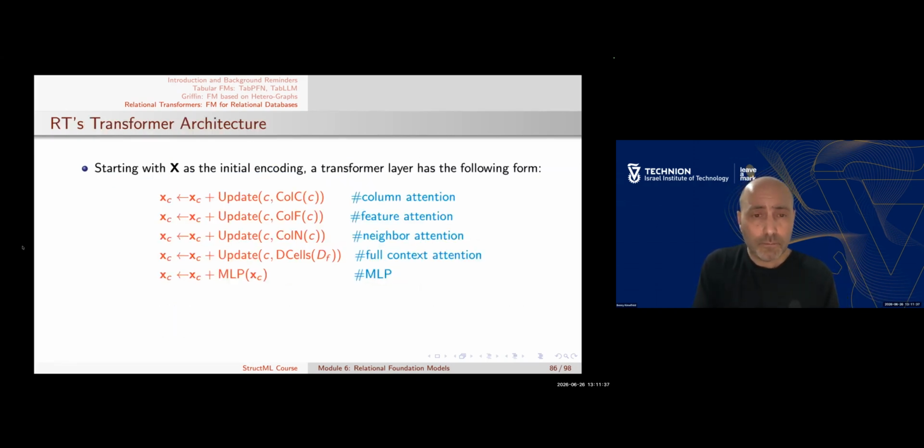And then the model combines, sums up the different attentions.